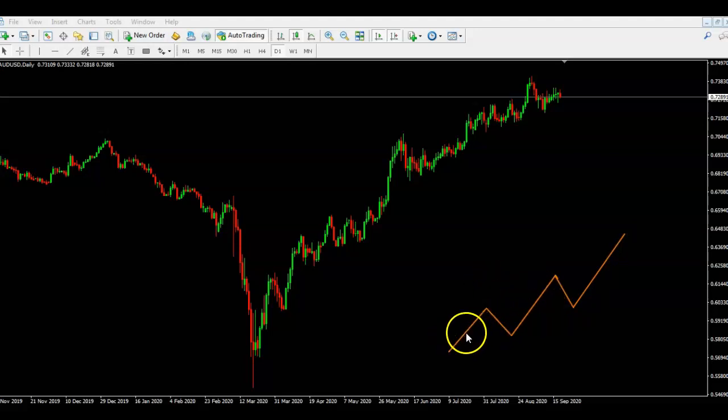There can be short ones, medium size, or longer ones, but there's always a pullback coming. If you notice, this happens 80 to 90% of the time, that those pullbacks are going to come and retest the broken highs.